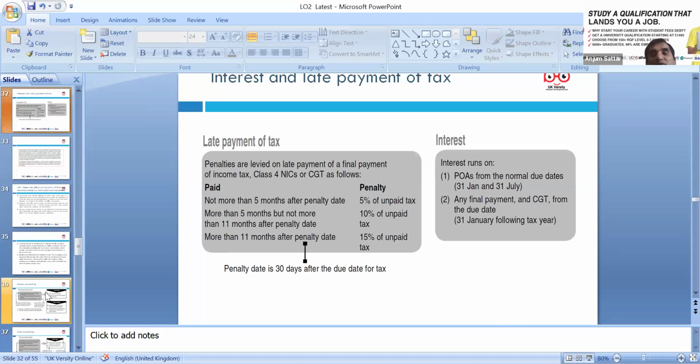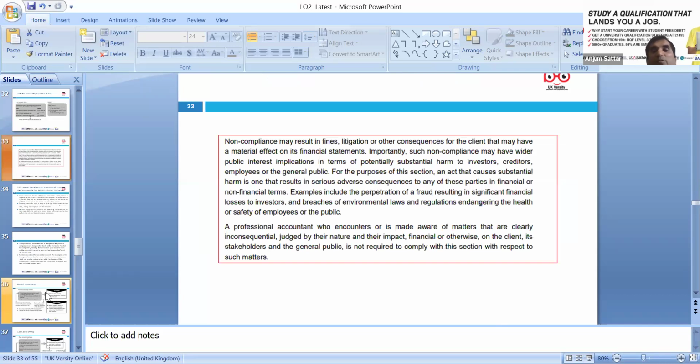Late payment penalty is 5% of the unpaid tax, 10% if more than 5 months, and more than 11 months after the penalty date it is 15% of unpaid tax.